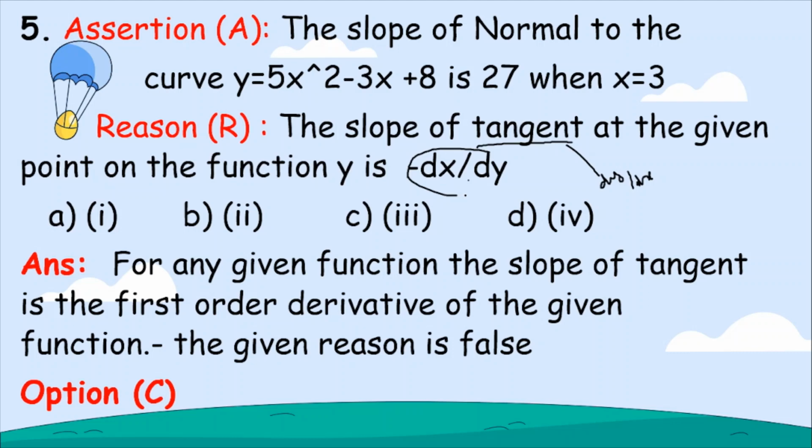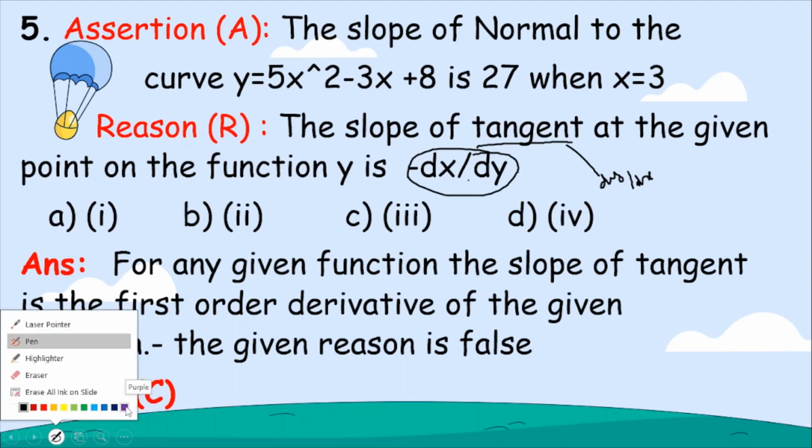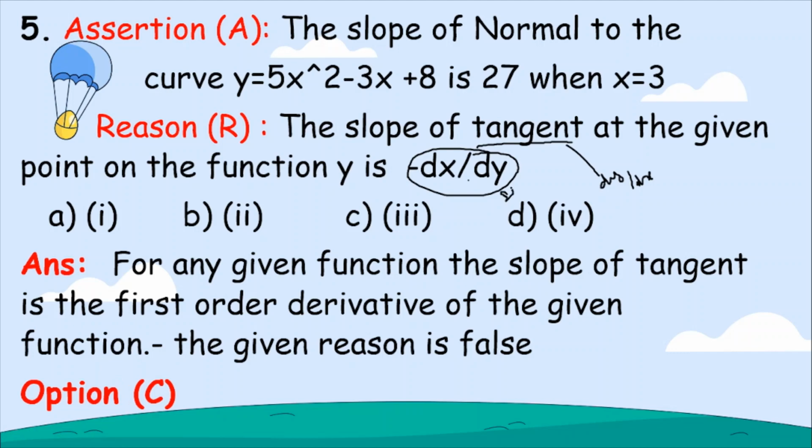It is nothing but the slope of normal. So, this reason is wrong. This reason is false. So if the reason is false, obviously we go for option C.